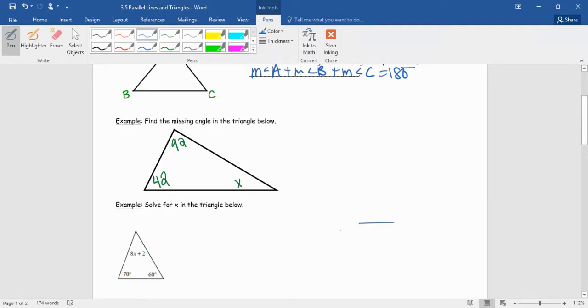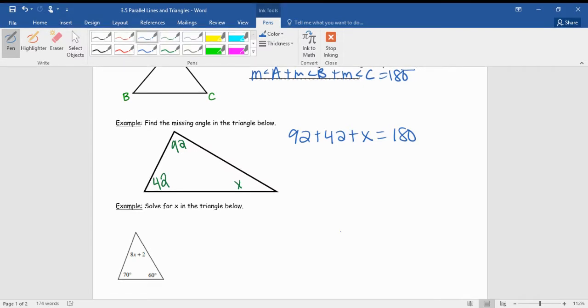So right here, we have a 92, we have a 42, and we have an x, and those are the angles in a triangle. So when you add them all together, they need to add up to 180. So I'm going to do 92 plus 42 plus whatever the x is, has to be 180. And so then I can combine my 92 and my 42.